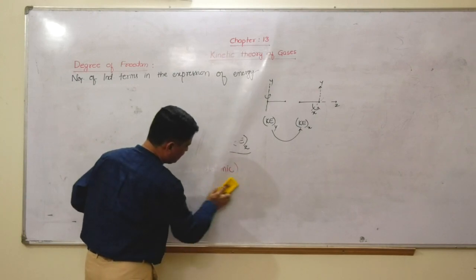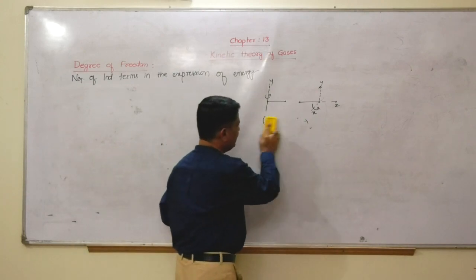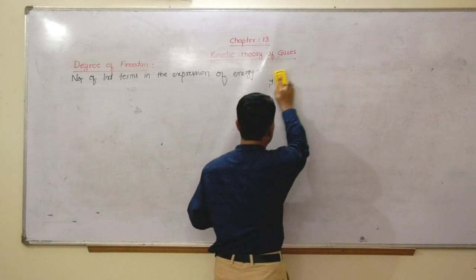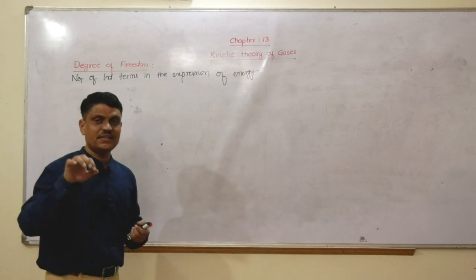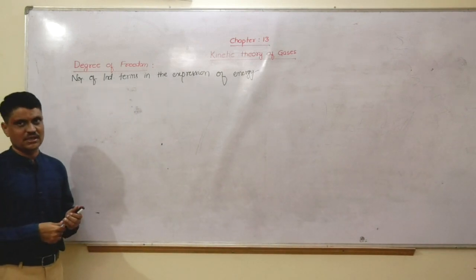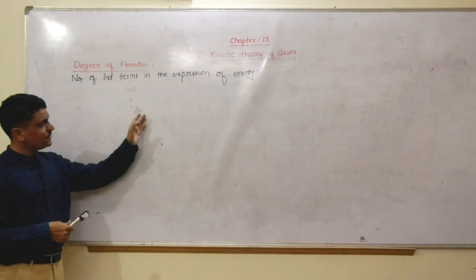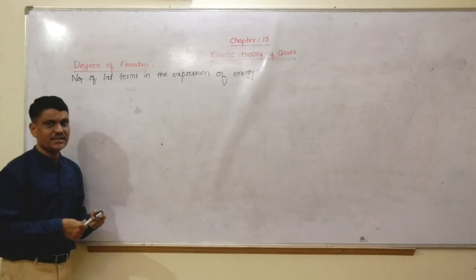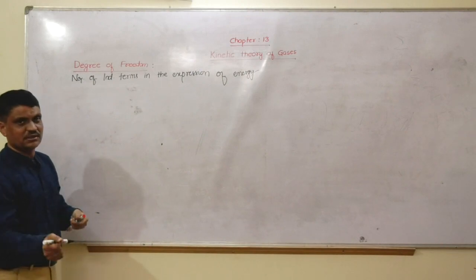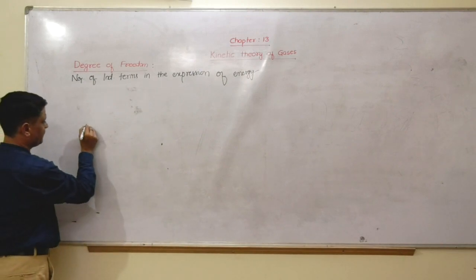Similarly, when I take a triatomic linear, or triatomic non-linear. Triatomic non-linear is nothing but polyatomic also, right? So as I said in the case of diatomic, similarly you can express for triatomic non-linear.